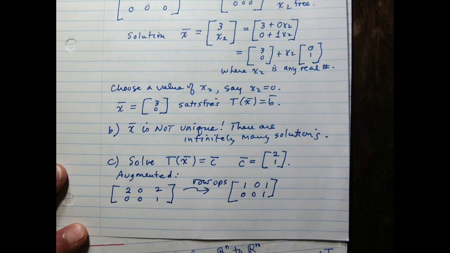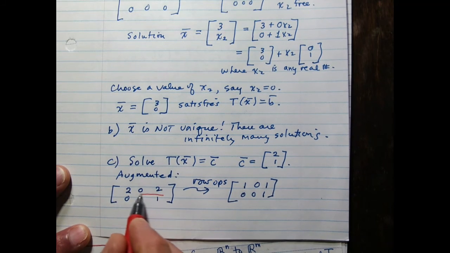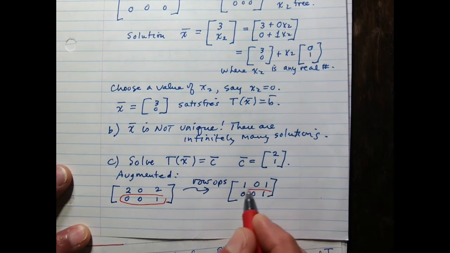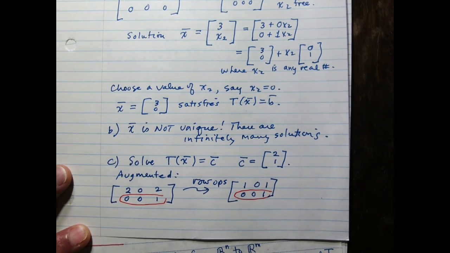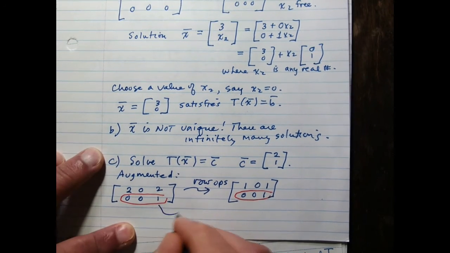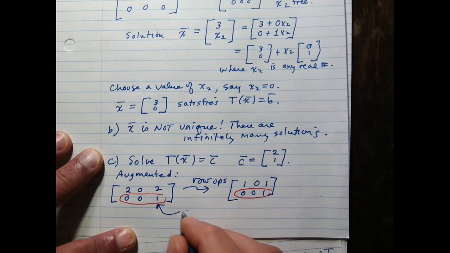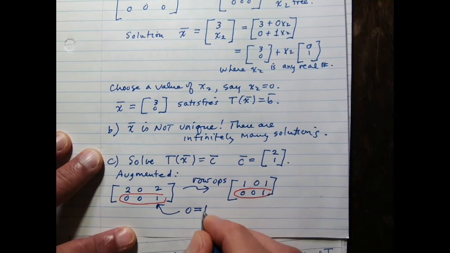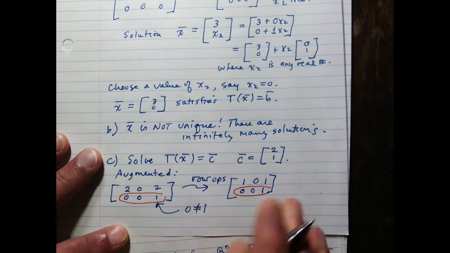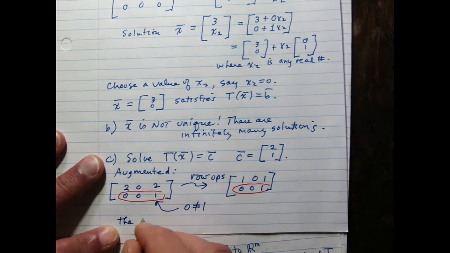Because I can see right off the bat from my last row that this system is inconsistent. I have a 0 equals 1 equation, so the system is inconsistent.